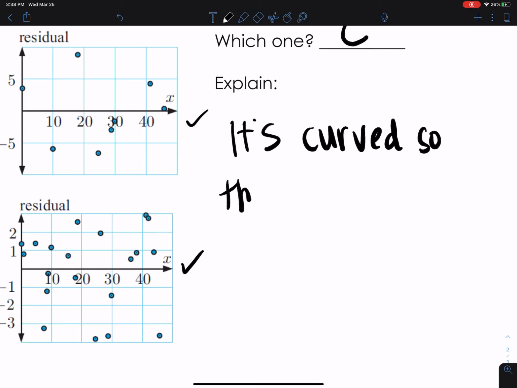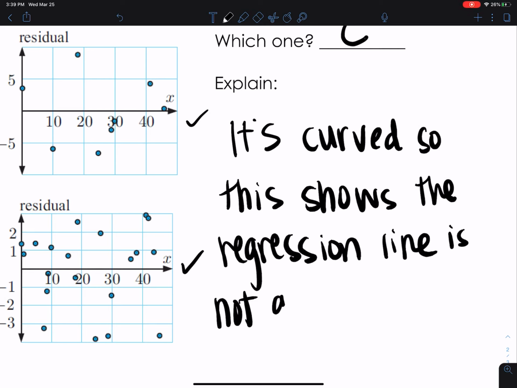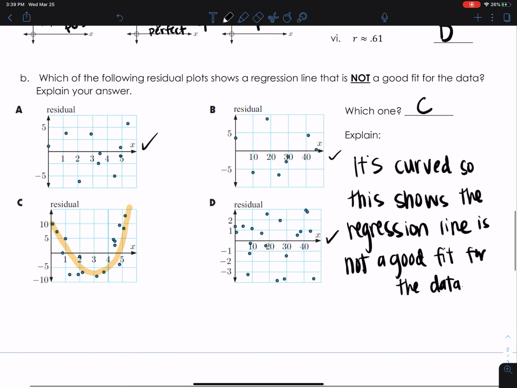So this shows the regression line is not a good fit for the data. Okay, and on your test, you'll have to write a sentence on why you picked the graph that you picked. It'll be different graphs, but it'll be the same idea.